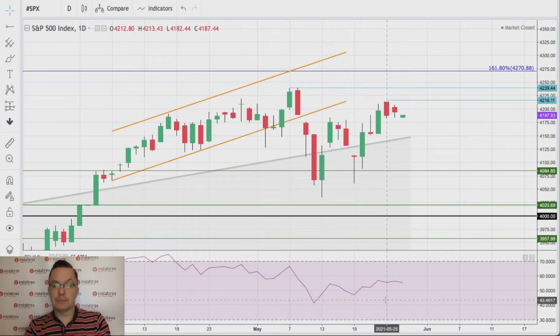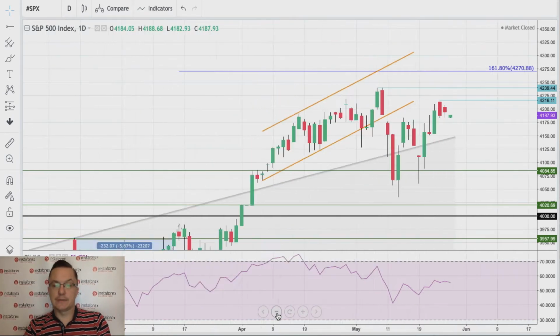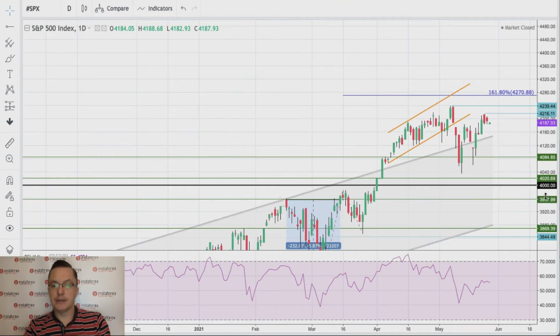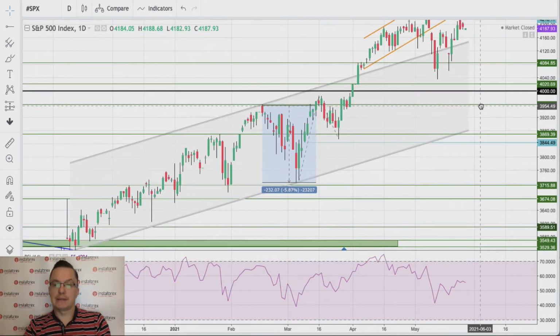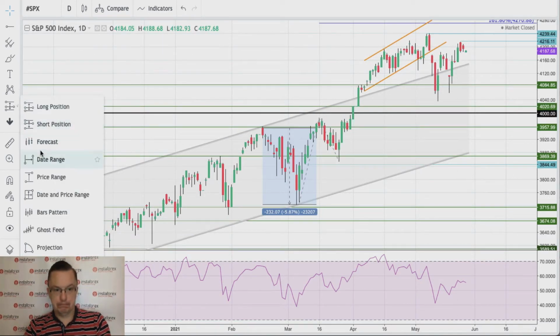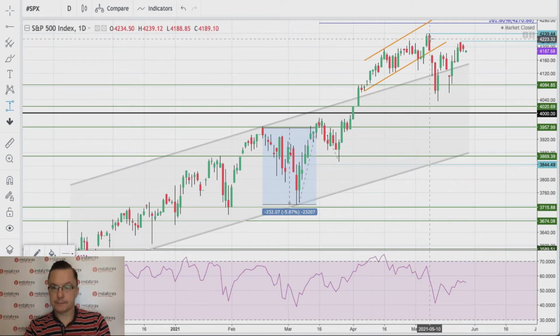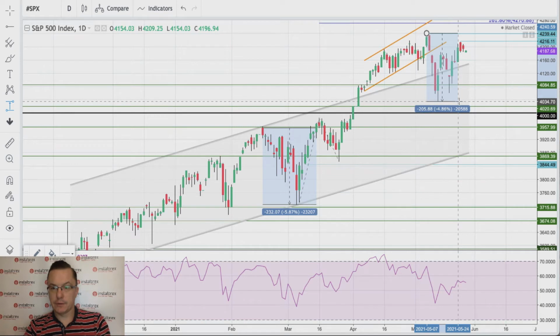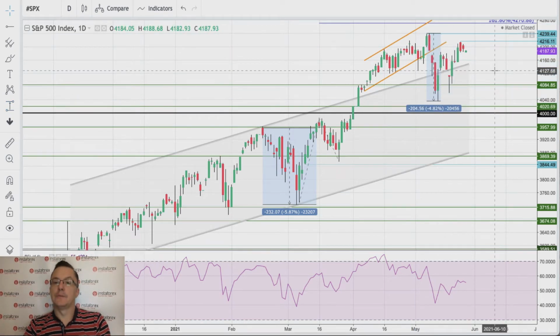We just dipped briefly inside of this main channel territory, but still are trading higher. Let's see how deep this correction was. It was only 4.82%.